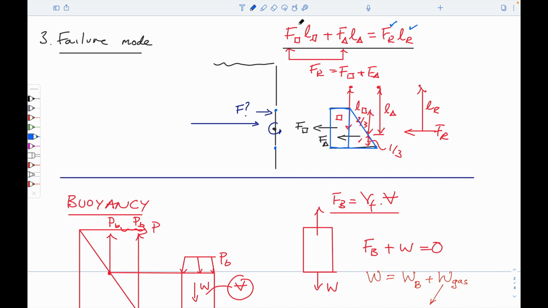So in each of these cases, you'd know this, this, this, and this. The only thing that you wouldn't know would be this particular lever arm. So that would be one way to determine that.